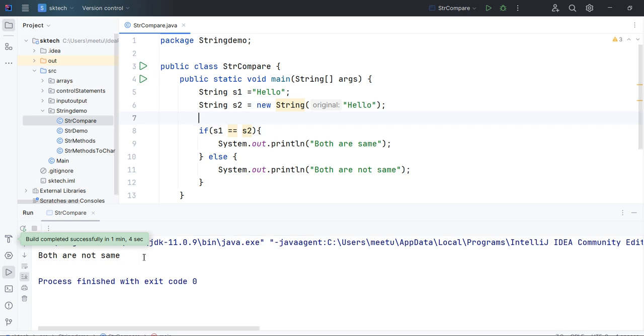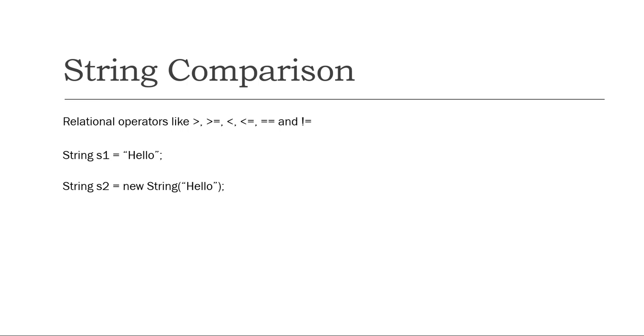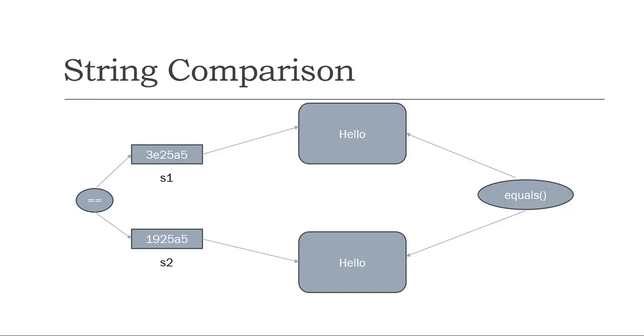Why? In spite of the fact that both strings s1 and s2 are the same, we are getting the wrong output in the program. Let us understand it by the diagram, and then we will understand why it is happening. Even though the values are the same, it is printing differently. What is happening here is when the JVM executes the first statement, String s1 equal to hello, it creates an object on the heap and stores the value in it.